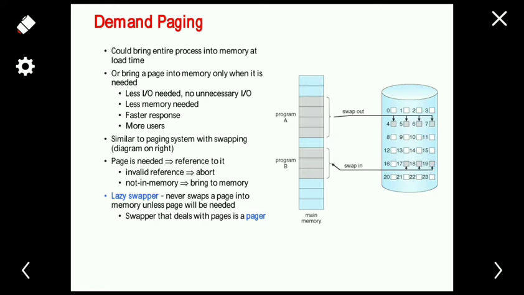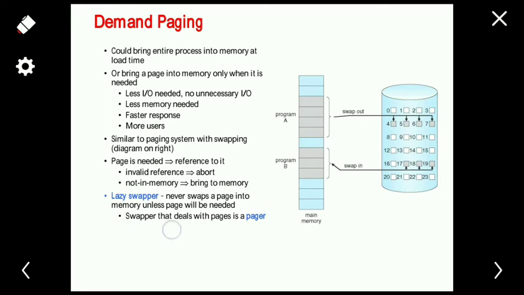Whenever a page is needed to execute, only at that time is it fetched to the main memory. That's why it is called a lazy swapper. Whenever it needs only, it is fetching those pages from the secondary memory.